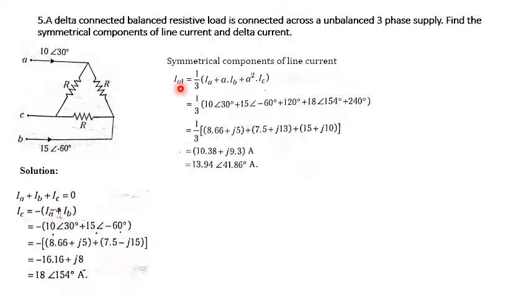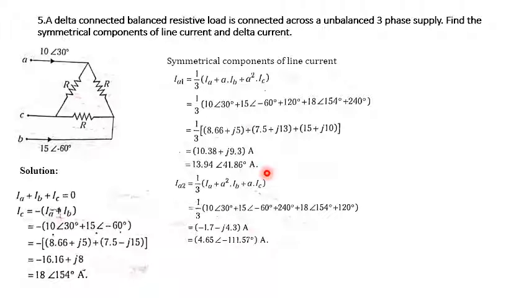IA1 is equal to 1 by 3 times of IA plus A into IB plus A square into IC. Substitute the IA, IB and IC values, and consider that A is plus 120 degree and A square is 240 degree. Finally we will get 13.94 at an angle of 41.86 degree amperes.